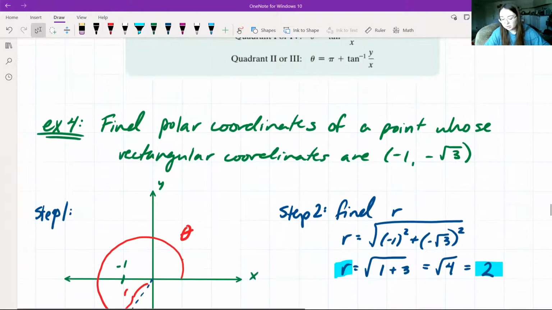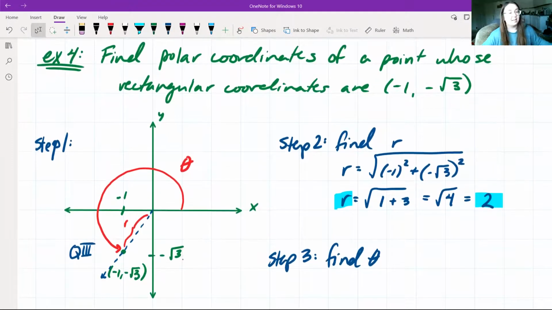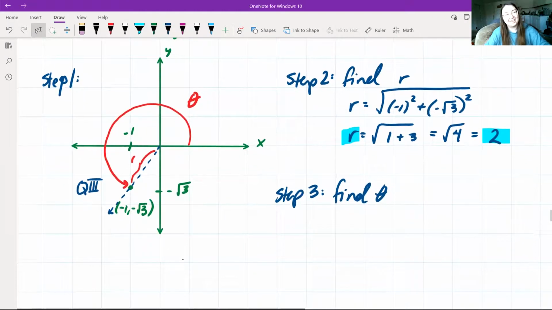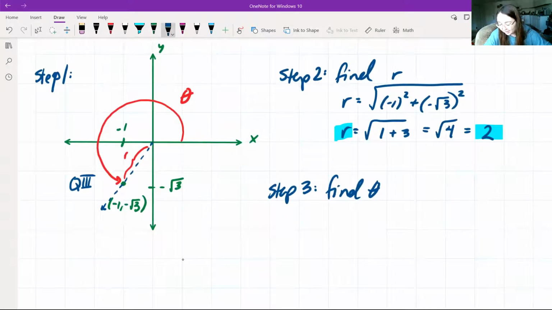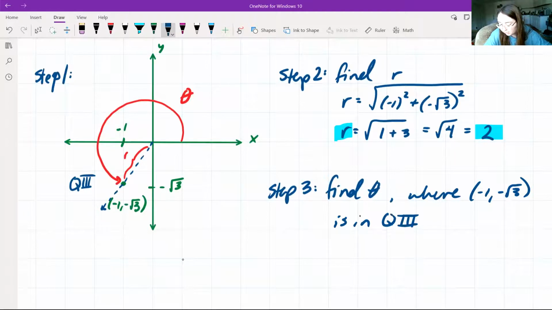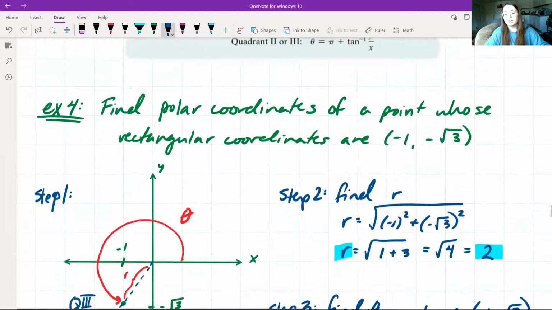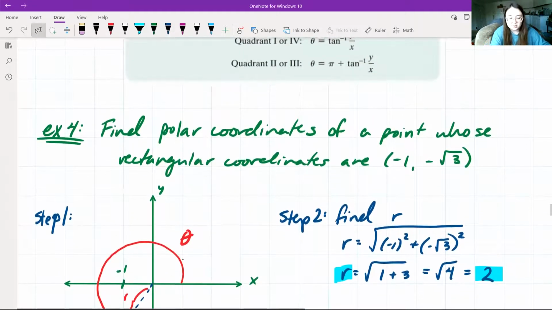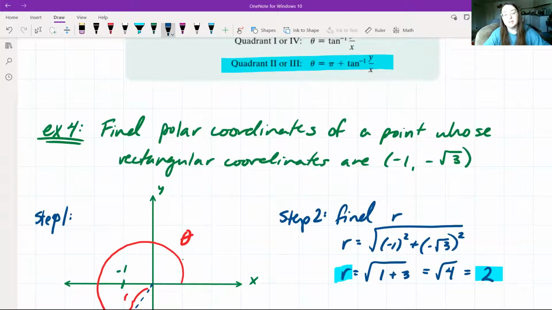So we're going to find theta, where -1, negative square root of 3 is in quadrant 3. Since it's in quadrant 3, this means that theta is equal to pi plus tangent inverse of y over x.